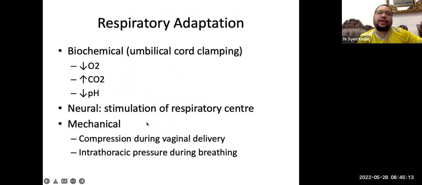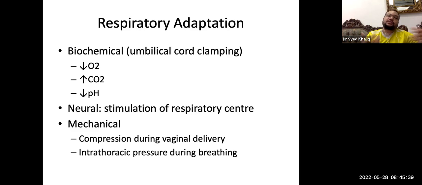So when we cut the umbilical cord, all these biochemical changes happen, and this results in more changes. The baby starts to breathe more. If you remember, the carotid body and also the aortic body detect high CO2 and low pH, and this results in activation of the cardiorespiratory center in the pons.